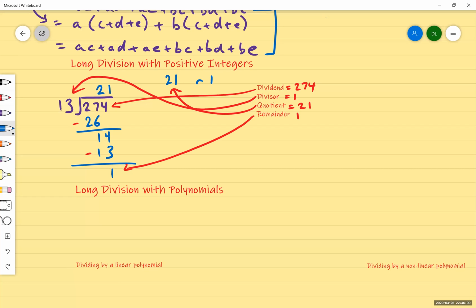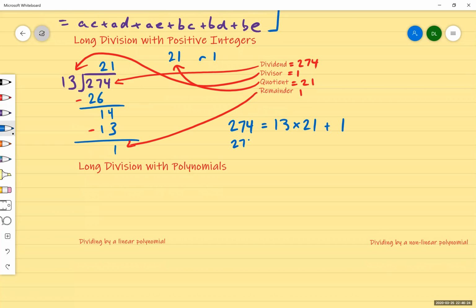Let's work it out here. You can see that 274 is the same as 13 times 21 plus 1. 13 times 21 would give me 273, and then the 1 gives me the 274. The 1 is the remainder. Or, if I was to write it in a different way, I can say that 274 divided by 13 is the same as 21 plus 1 over 13.